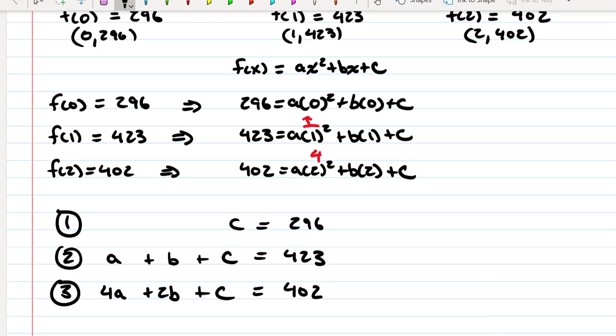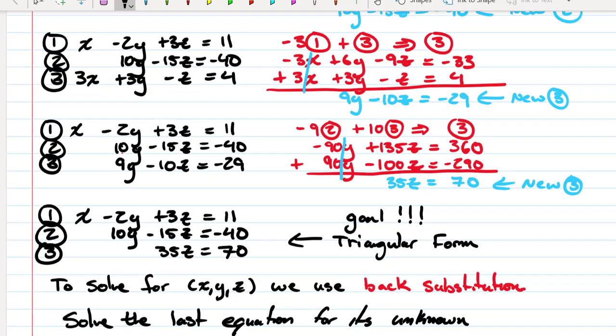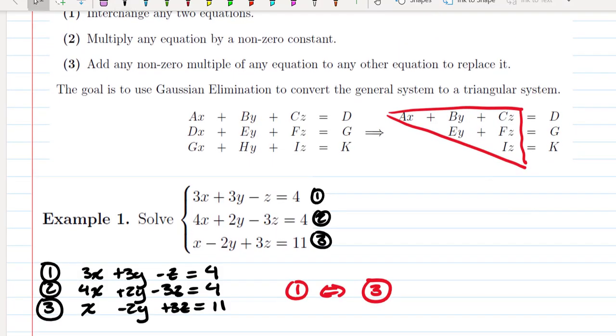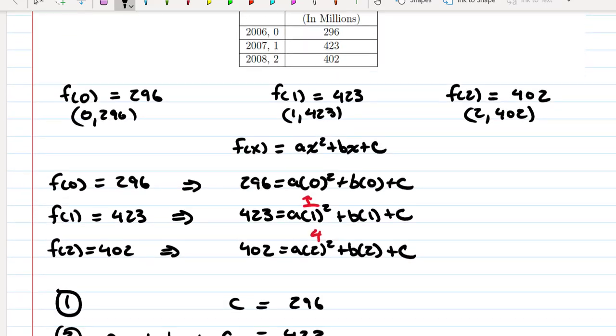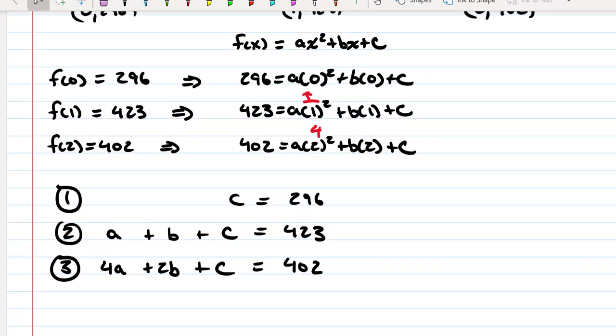So, what am I going to want to do first? Well, my goal is to get it into triangular form, right? So, when I'm in triangular form, in equation 3, what's the only thing that's not eliminated? The last variable. So the first two are missing. So when I look at this, which one of these am I going to want to be equation 3?